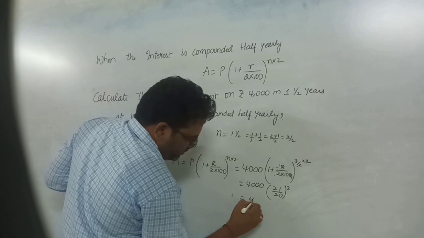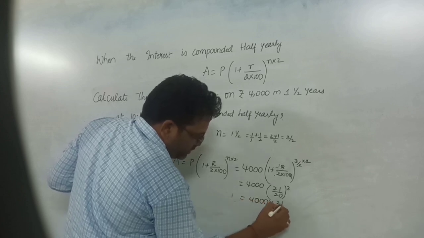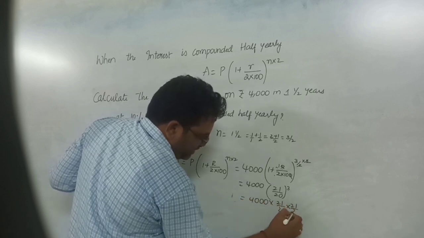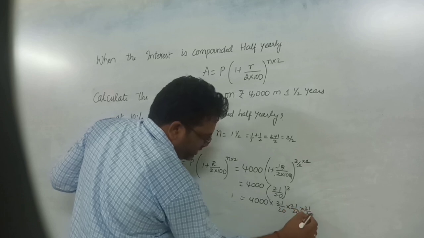So here 4000 into 21 by 20, 21 by 20 and 21 by 20.